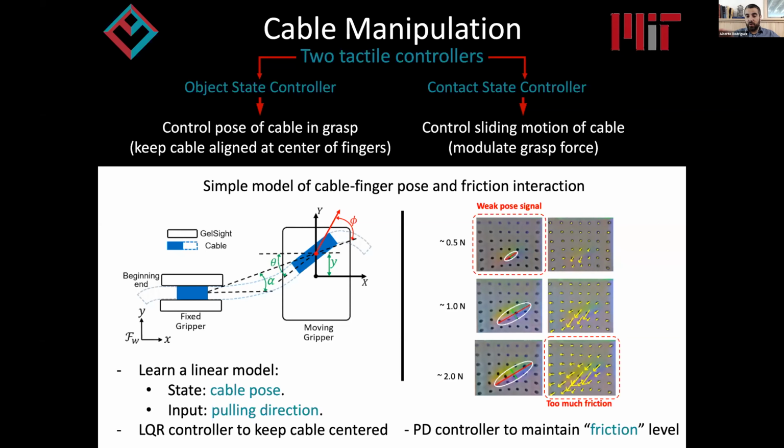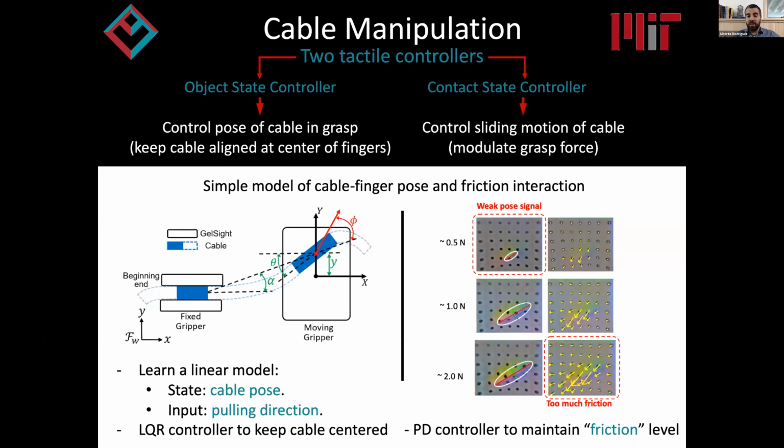At the top row, if the gripping force is too small, we get a tactile image that is not too distinctive. And if instead we apply too much force, like in the bottom row, the friction between the finger and the cable is too large, measured right there by the deformation of the gel.